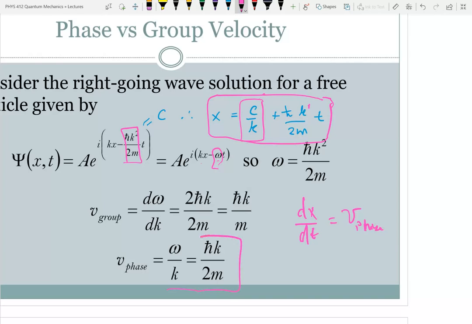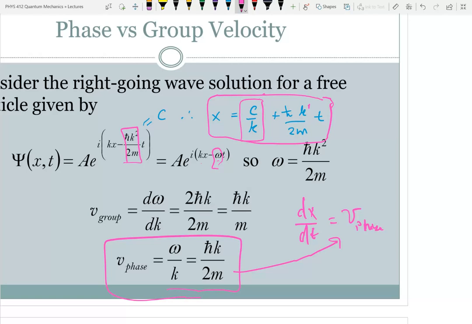So the phase velocity is how fast the wave is traveling. The group velocity is how fast the packet is traveling. The packet is made up of multiple frequencies that when added together give you a superposition that gives you a packet. To determine how fast that packet is going, we take d omega dk.